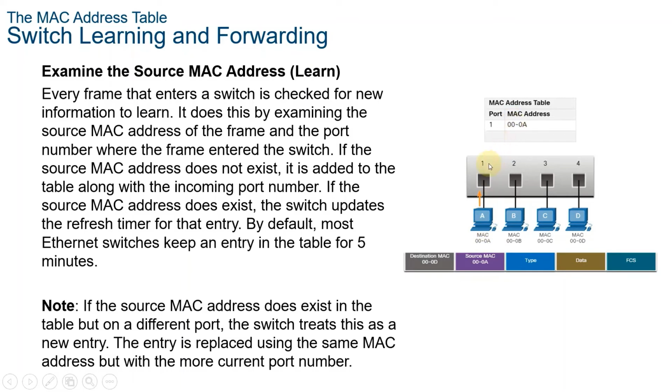Note that if the source MAC address does exist in the table but on a different port, the switch treats this as a new entry. The entry is replaced using the same MAC address but with the more current port number. Again in the diagram, PCA sends a frame to the switch, and the switch adds the port number and MAC address for PCA to the MAC address table as shown here.